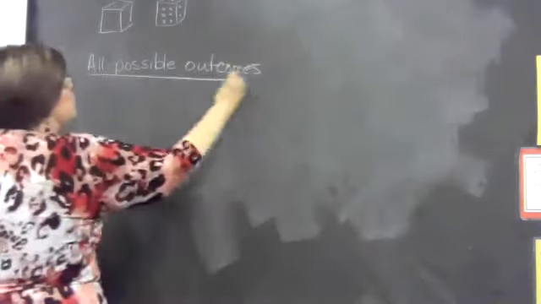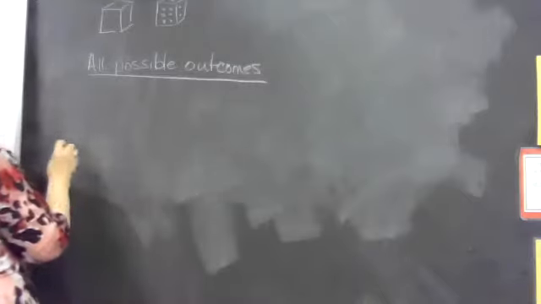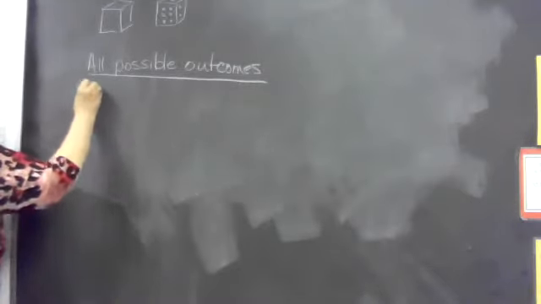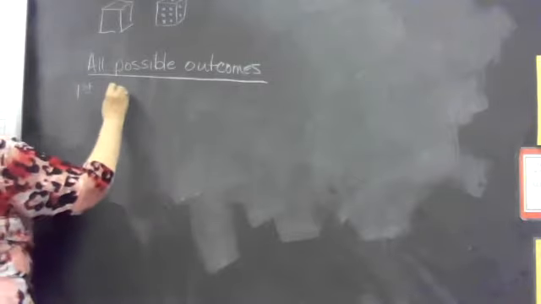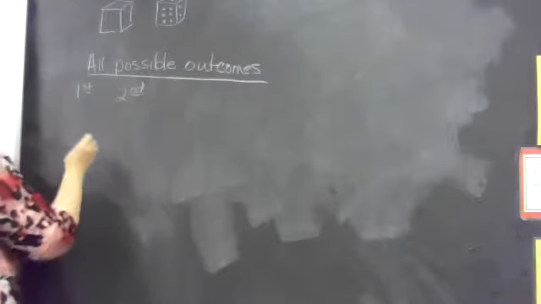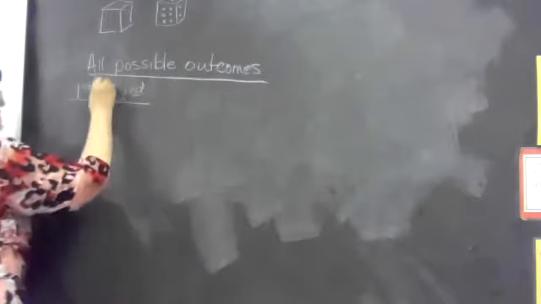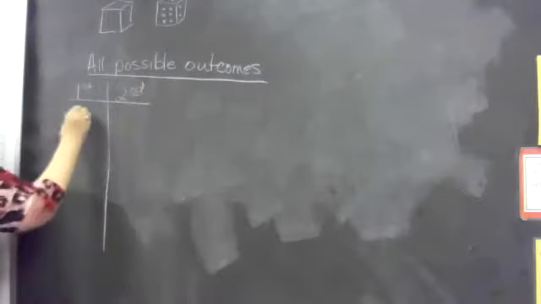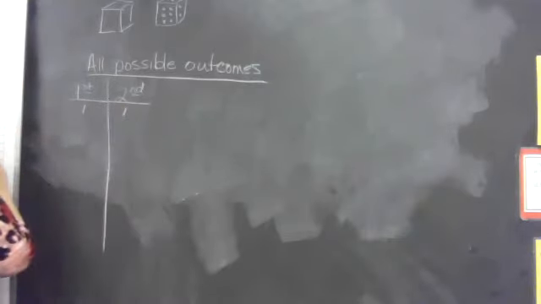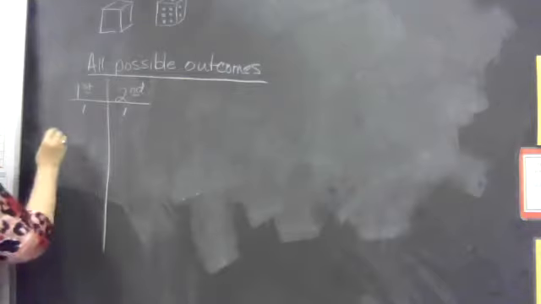So what we're going to do is say, on the first die and the second one, what will happen. Now we could get a 1 here and a 1 on the second one. Are you guys okay with that?